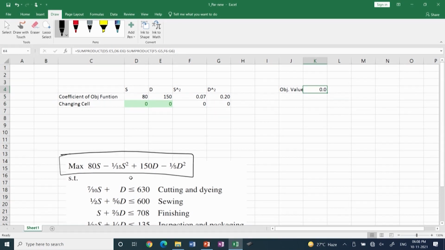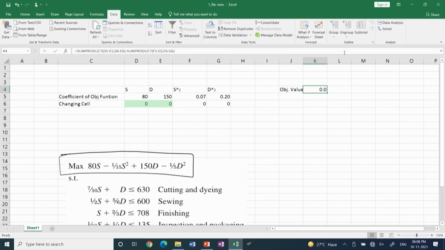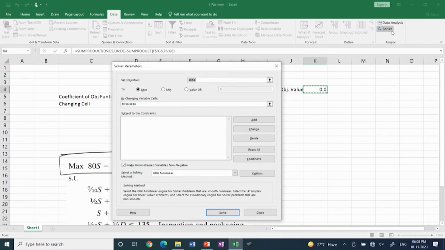Now, if we go to solver: home, data, solver. The objective function cell is K4, and this is a maximization problem. The changing cells are only D6 and E6, only the value of S and the value of D. And note that there is no constraint here, because this problem is unconstrained.